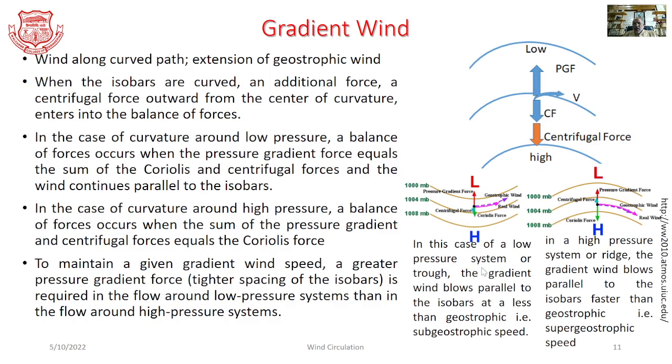Here, the wind is blowing parallel to the isobars at lesser than geostrophic, that is, subgeostrophic wind. As we consider the high pressure system, which gives the appearance of a ridge, the gradient wind blows parallel to the isobars faster than geostrophic, hence expressed as supergeostrophic winds.